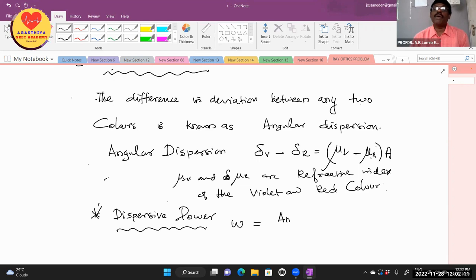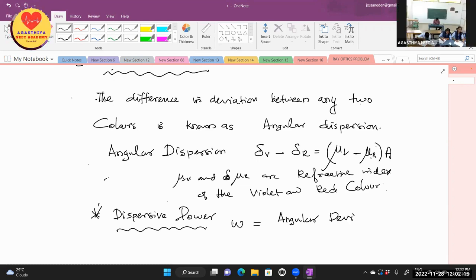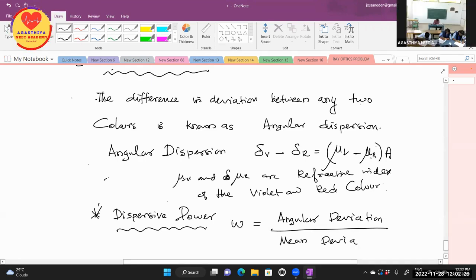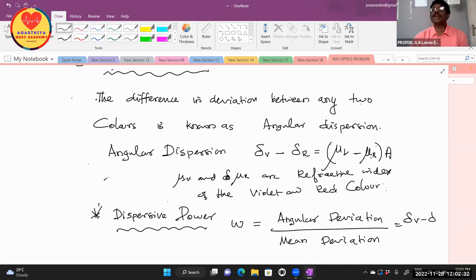It is the ratio of angular deviation, delta V minus delta R, divided by mean deviation, delta.